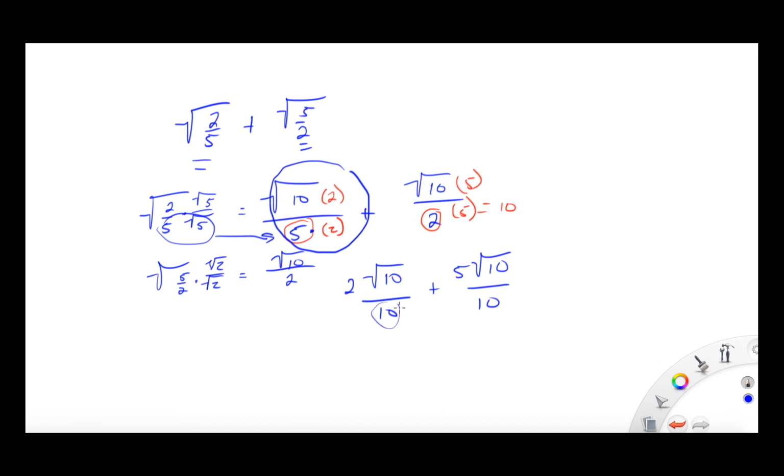Now both of these denominators match up, so we can add these two numbers. So we have 7 times the square root of 10 over 10. And that is our final answer. Okay? Let's do one more.